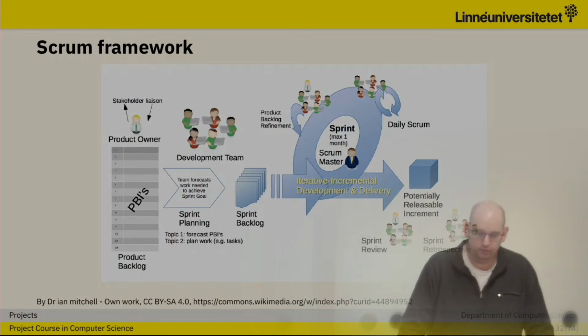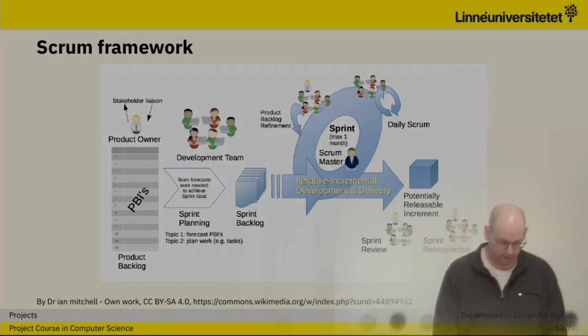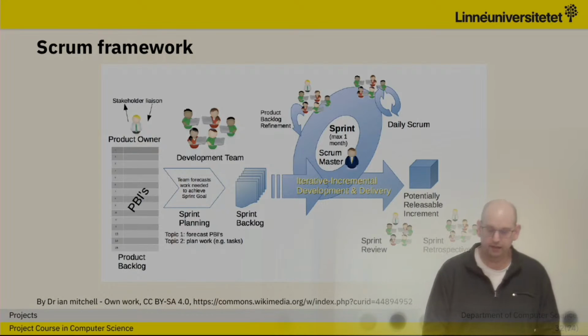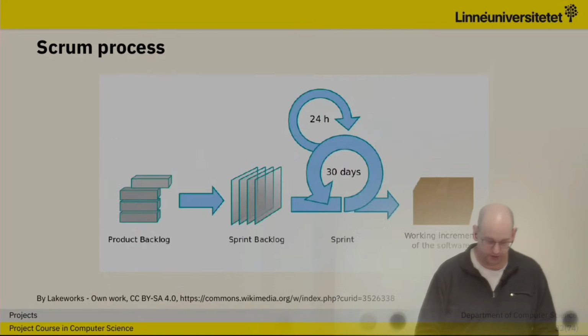And when that's done, we show the working increment that we have in a sprint review and a sprint retrospective, different meetings, where we show what we've done so far, and we get a go on moving forward or not, and defining what we have so far done as good or bad. And the most important part is probably the sprint itself.